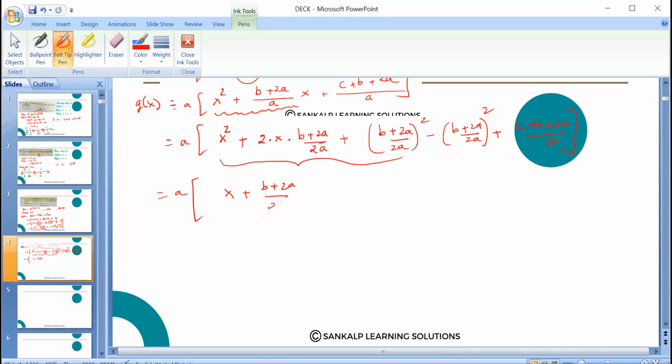And then left is minus B plus 2A whole square by 4A square plus C plus B plus 2A by B.